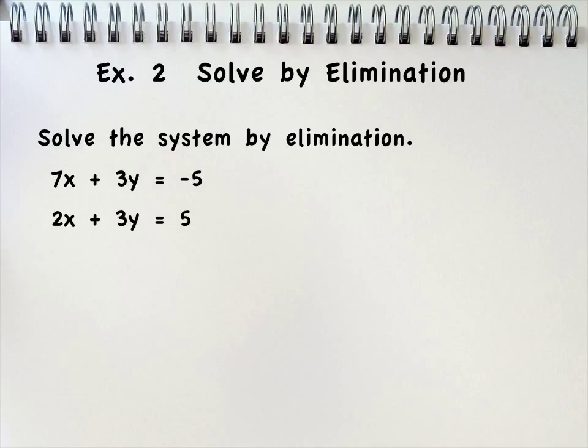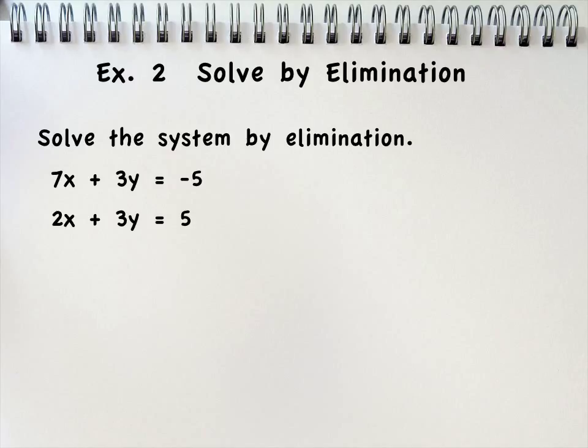In the second example, the equations are given in standard form. I have the x's above each other, the y's above each other, and the constants above each other. Now some people choose to subtract to eliminate the y's. And what I like to do is use addition.